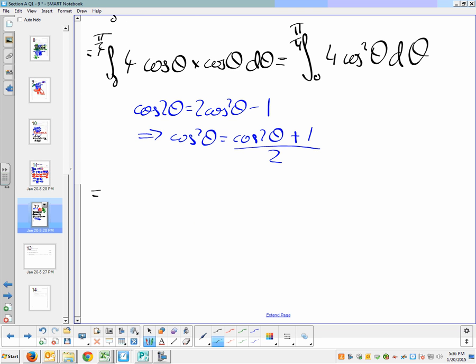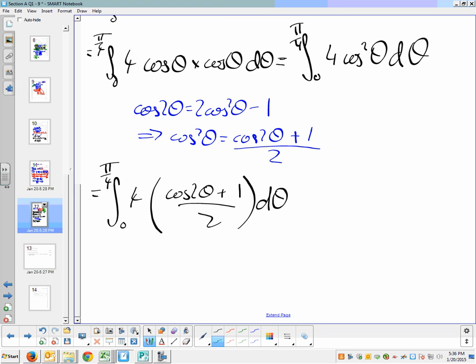So my integral becomes 4 lots of (cos 2 theta plus 1) over 2 with respect to theta. Or take the numbers out, factors, 2 times the integral of cos 2 theta plus 1 d theta.